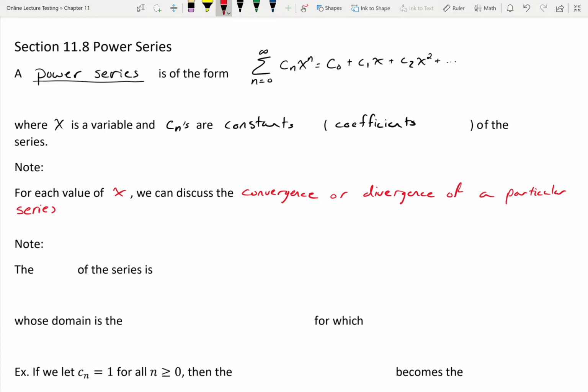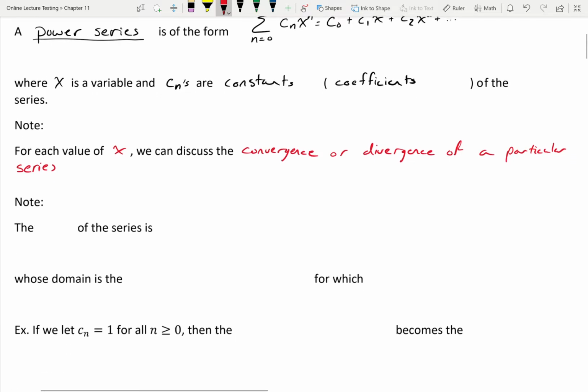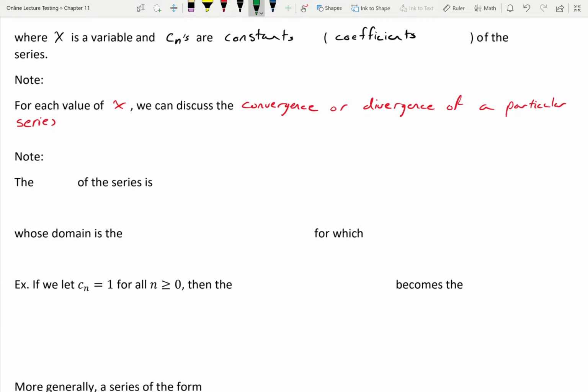And one important note here is that the sum of the series is f of x, so notice that it's a function, that is equal to c sub 0 plus c1 x plus c2 x squared plus c3 x cubed and so on.